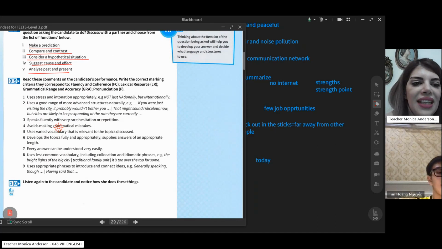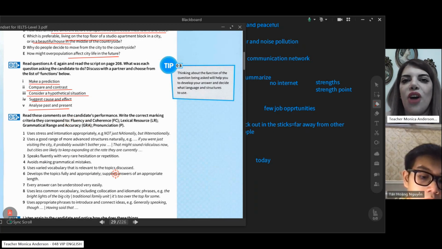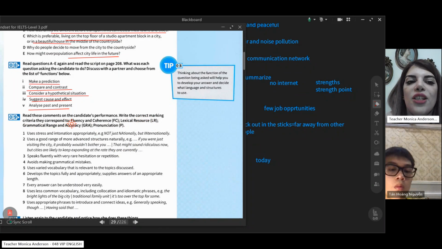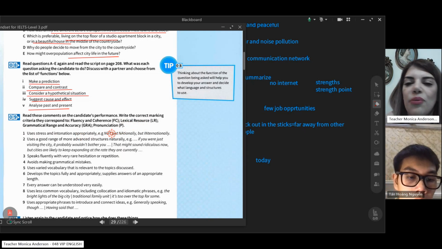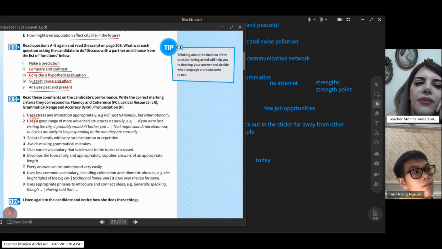Well, now, in the last part, there are some comments on candidates' performance. Write the correct marking criteria. They correspond to fluency and coherence, lexical resources, grammatical range and accuracy, and pronunciation. Okay, well, let's check. The first one, would you read it?